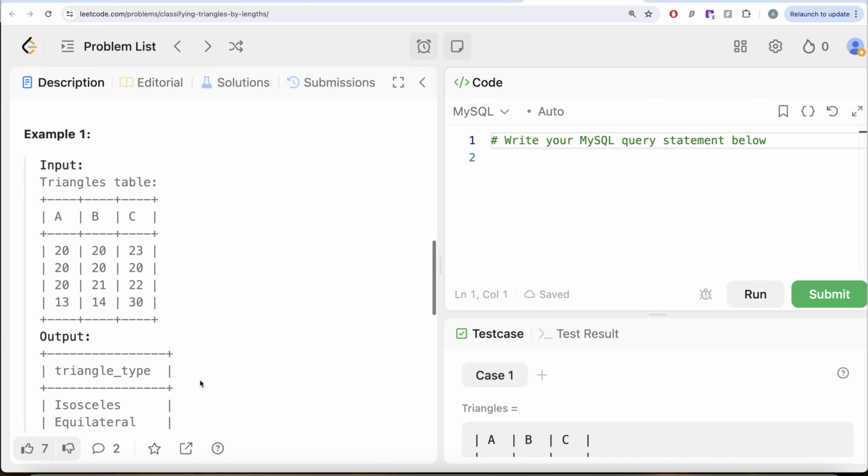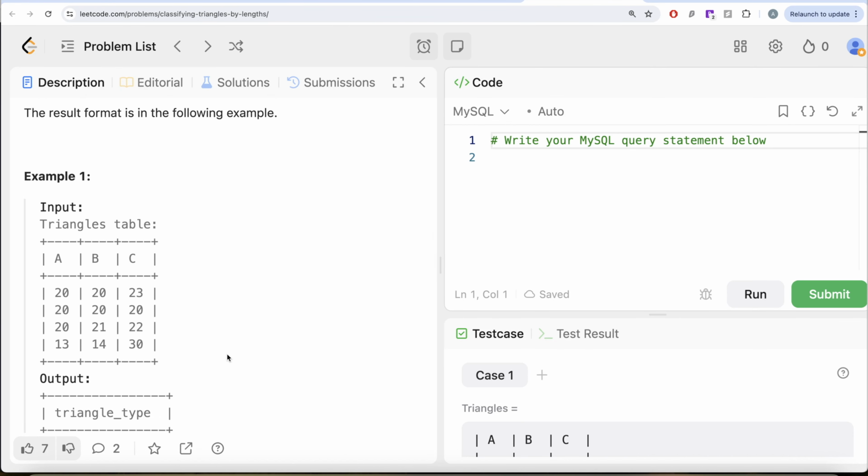So what we can do is, let's try to make a column to first check whether the three sides can actually form a triangle or not. From this table called triangles, let's keep all three columns A, B, C and create a new column using a case when statement.